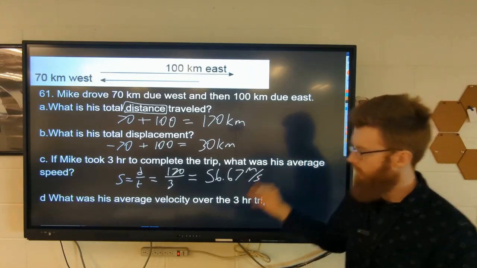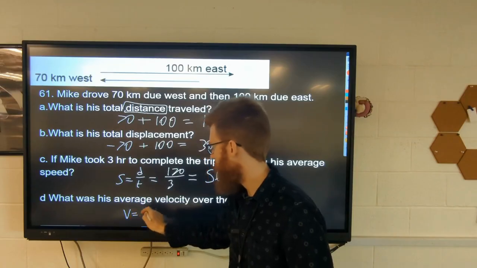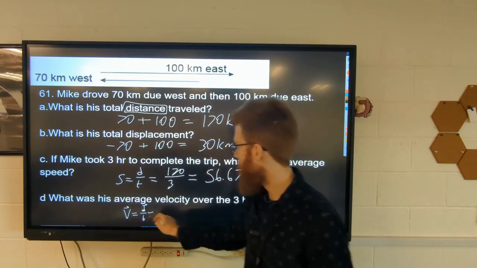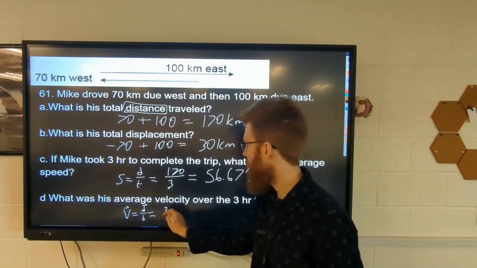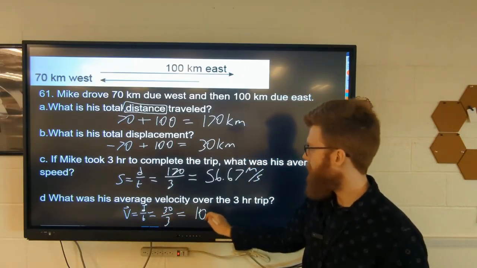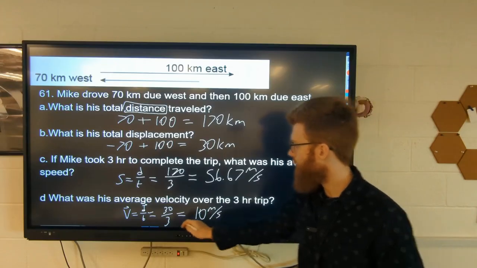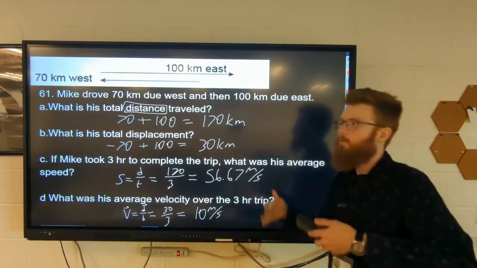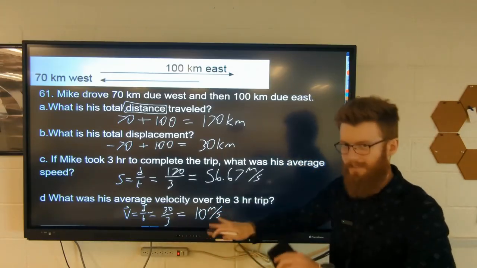Then, what's his average velocity? Basically the same thing, but we're looking for the displacement divided by time, so I need to grab my displacement. 30 divided by 3, that I can do without a calculator. We get 10 meters per second. Again, the positive assumes east, so I'll just leave it like that.